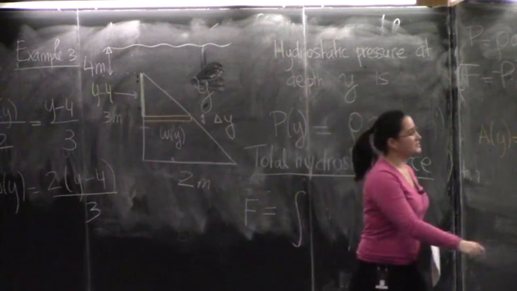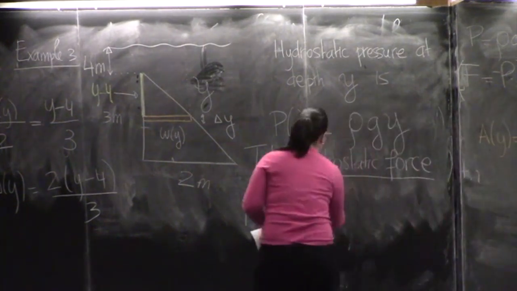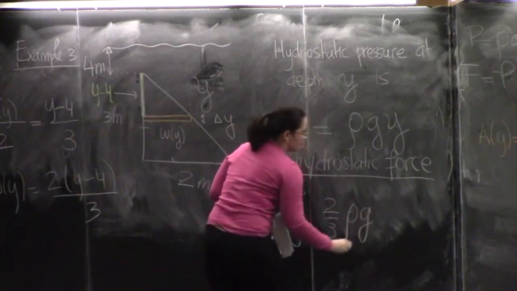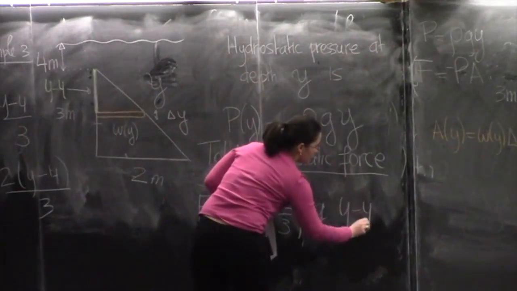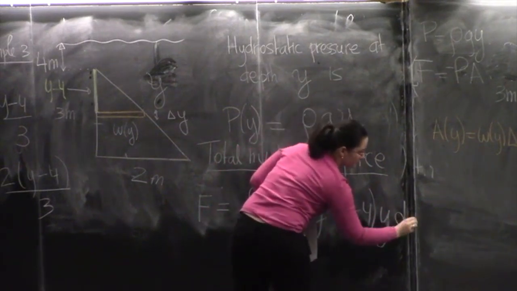Now I just take the formula right here, put it as an integrand in the integral, transforming the delta y conveniently into the dy of integration. So it's going to be 2 over 3 rho g times (y minus 4) times y dy.